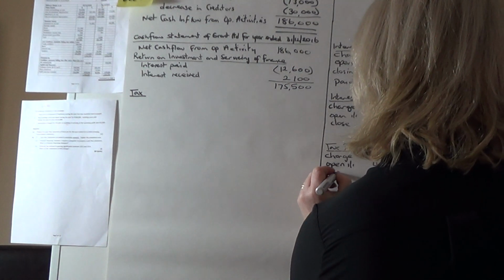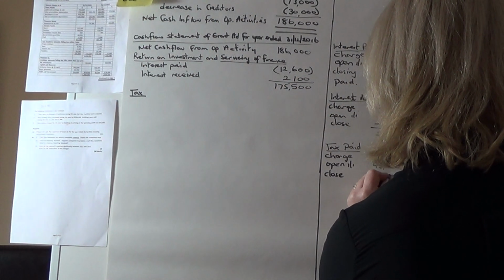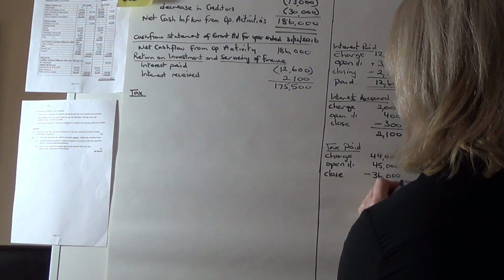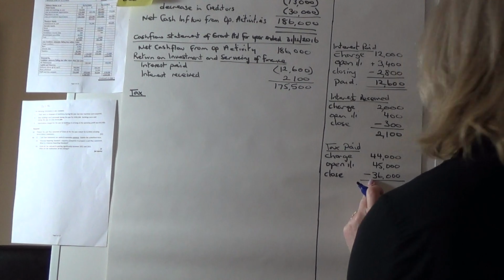And closing, we currently owe 36,000. So again, we take out what is still due to be paid, so that 36,000 comes out.